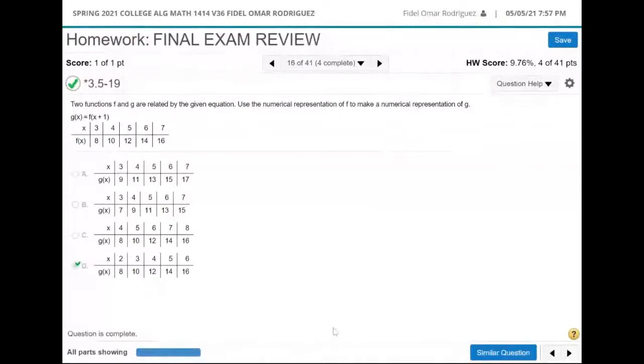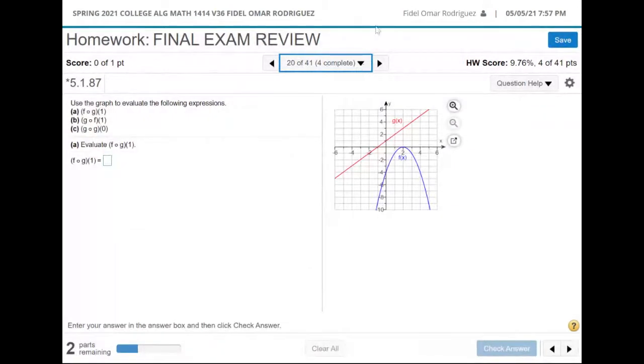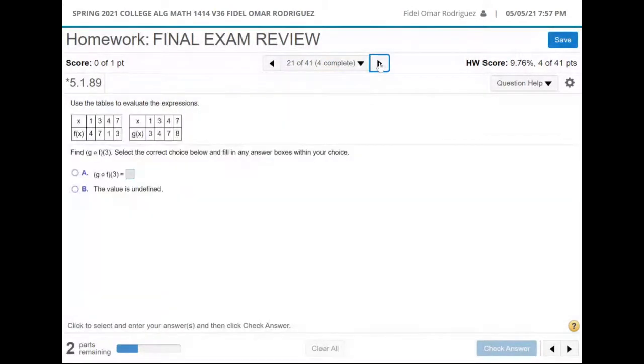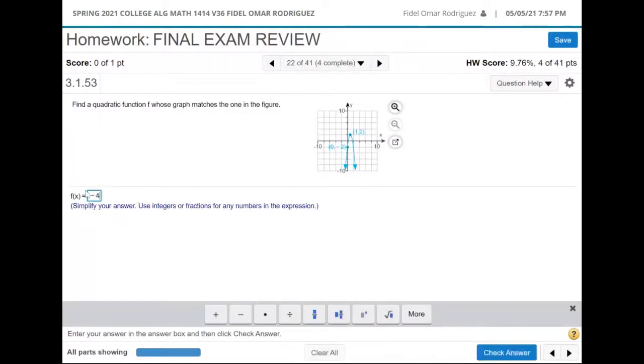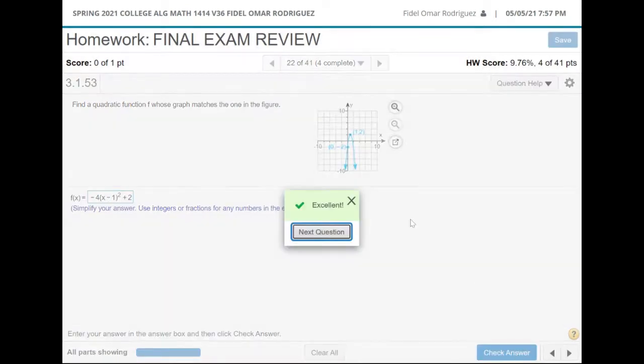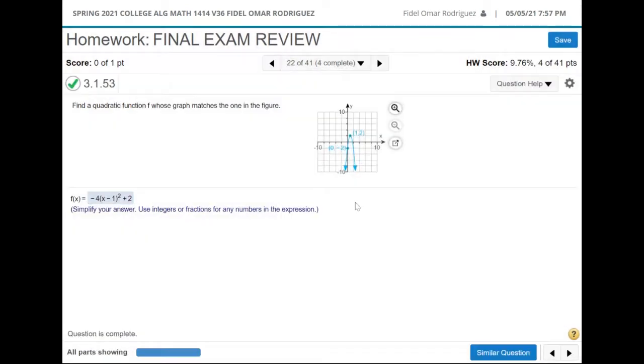This was number 22. So we came up with -4(x - 1)^2 + 2. We can go check our answer, and we got it right, okay? So good deal.